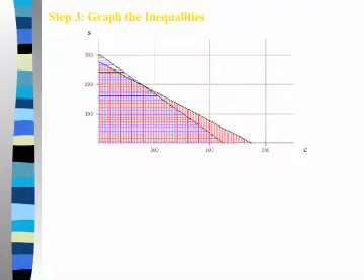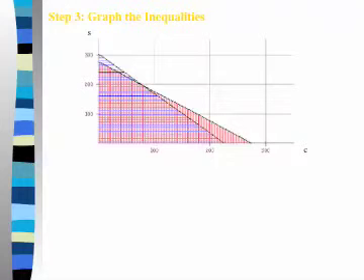Because our scale is by 25s in this particular case, we didn't want to go down by 1 and over by 1 because it would be difficult to see on the scale. So we discussed the fact that we could go down by any number as long as we went over by the same number. So we could go, since we start at 0 to 275 for our first line, down 275 and to the right 275 to get another point.